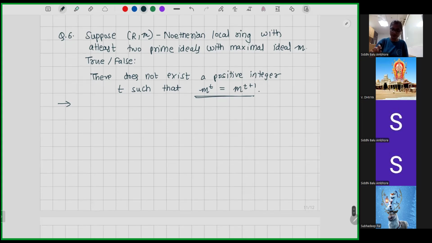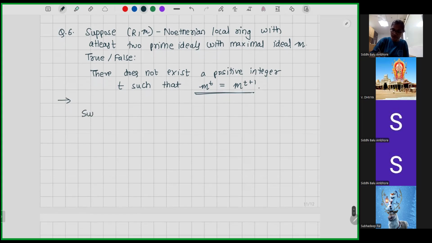Okay, so suppose there exists such an n. Do we get any contradiction, or can we actually prove that it exists or not? So suppose there exists n such that M power n is equal to M power n plus 1.